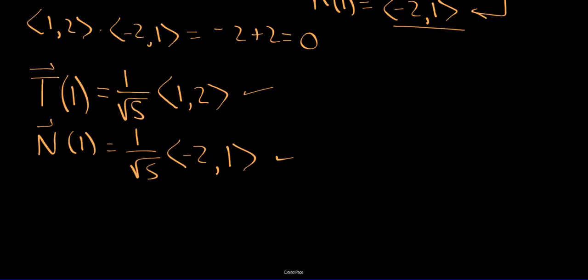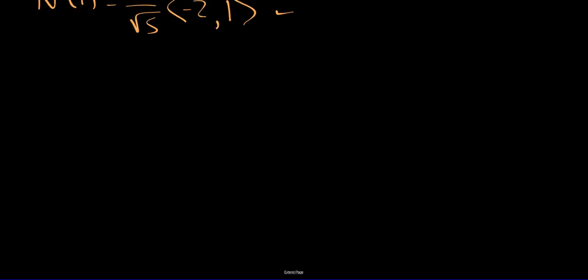But let's start off. We worked here at t equals 1. But let's suppose we have a vector and we just want the general formula for the unit tangent vector. So we have this vector, and we want to find a unit normal vector.